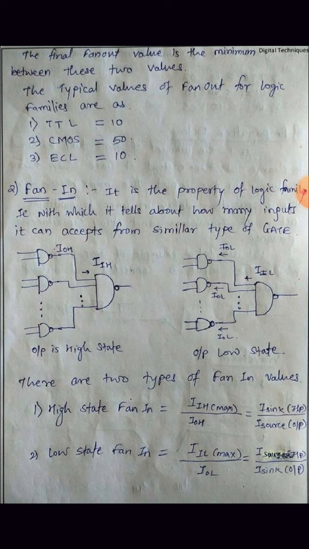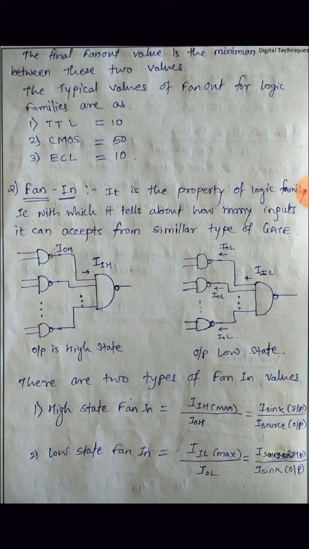That is, in TTL the maximum fan out is 10. You can connect the output of a particular logic gate to 10 different inputs of the same type of logic gate. It is the meaning of fan out.